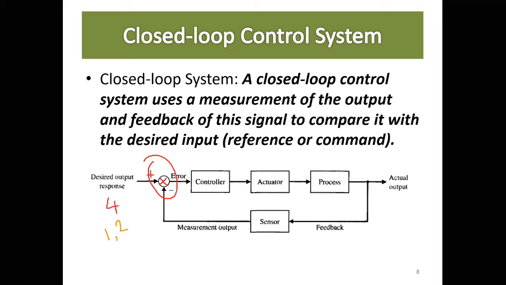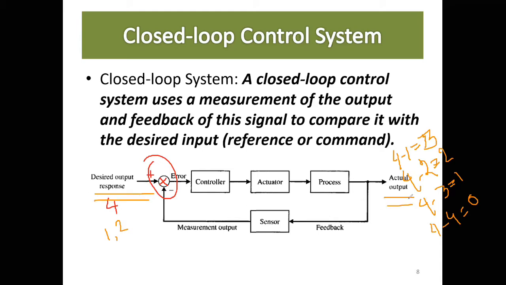Because the difference between 4 and 1 is 3. 4 minus 1 is 3. 4 minus 2 is 2. 4 minus 3 is 1. So when the elevator is at the fourth floor, 4 minus 4 is 0. When it is 0, it will stop. That means it works according to my input.